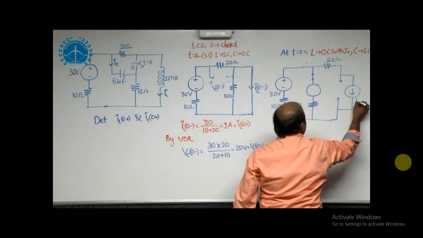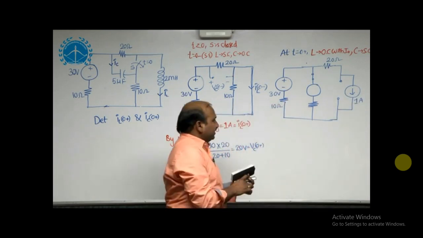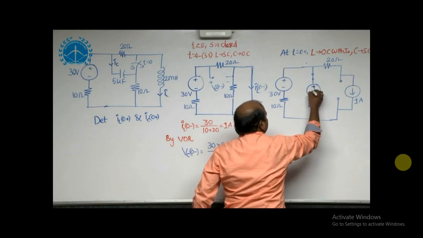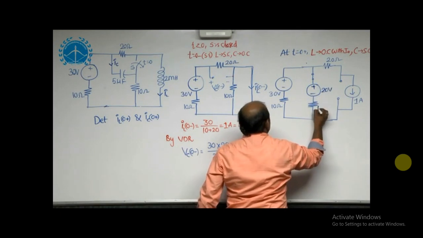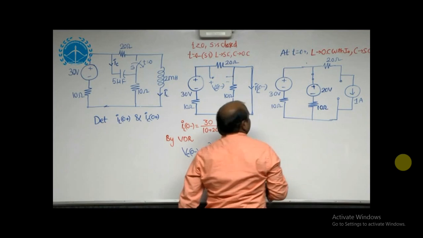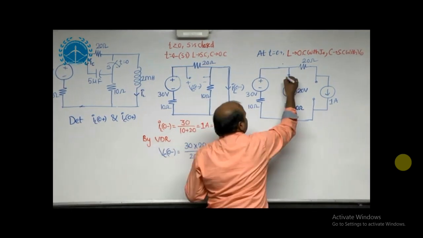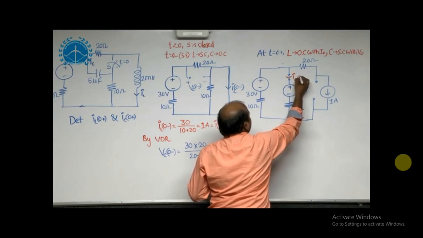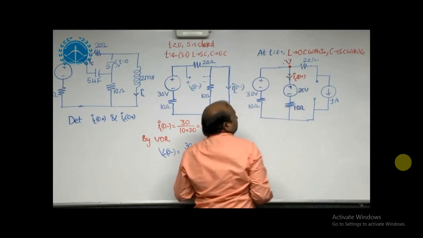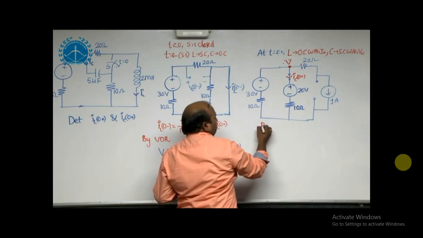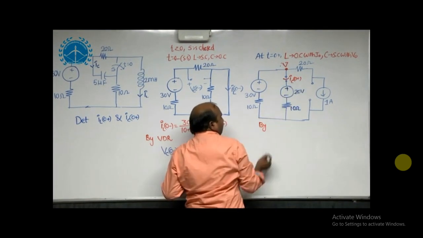That current source value we got as 1 ampere, and the initial voltage source is 20 volts, and this is the 10 ohms resistor given. Now I need to estimate the value of current passing through the short circuit path, IC of 0 plus. By considering this voltage V, I need to take KCL at V because I want the current passing through this, V minus 20 by 10.